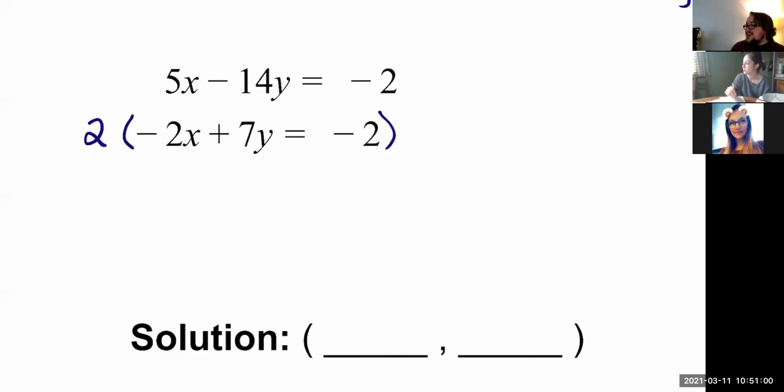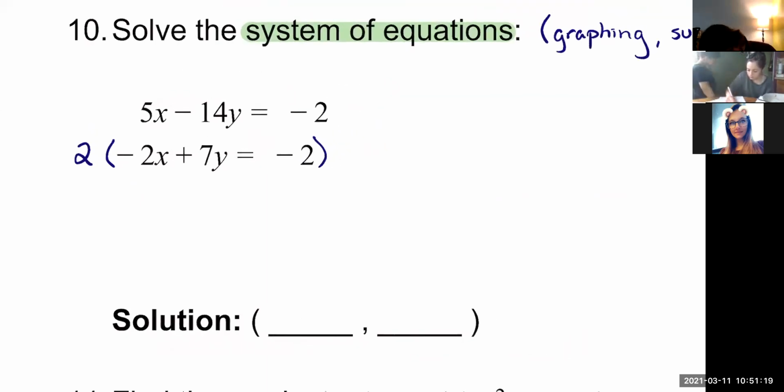Now, do keep in mind that is going to change the entire equation, which is why I like to wrap mine in parentheses. Do I need to worry about changing the sign as well, or are the signs okay? The signs are okay. They're all right. One's negative, one's positive. I don't want the signs to change. I just want the 7 to become a 14. So as I go through this process, the top equation I leave put.